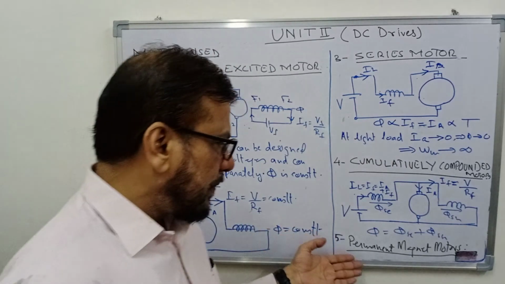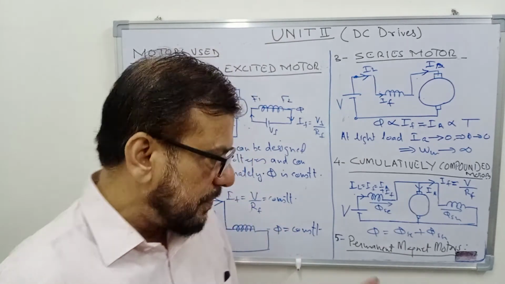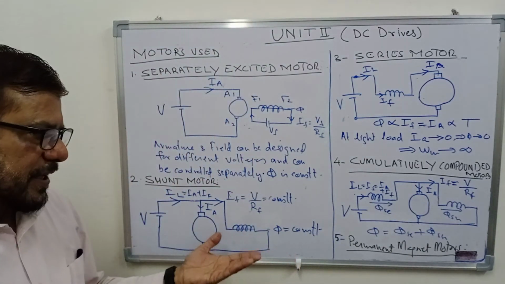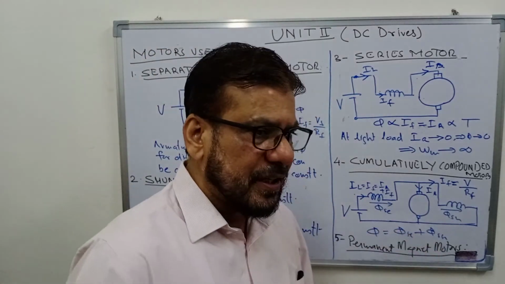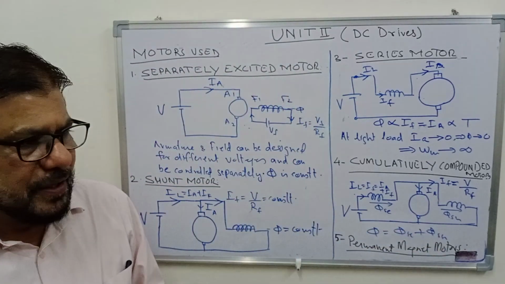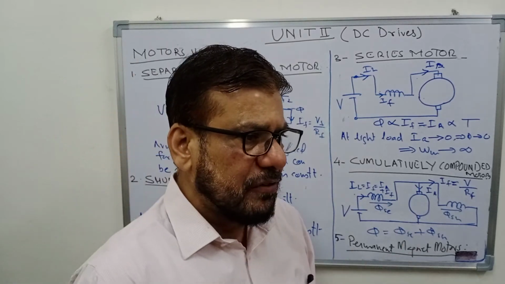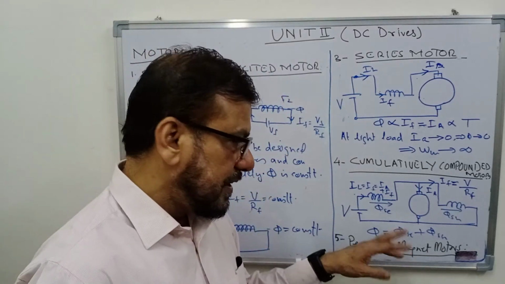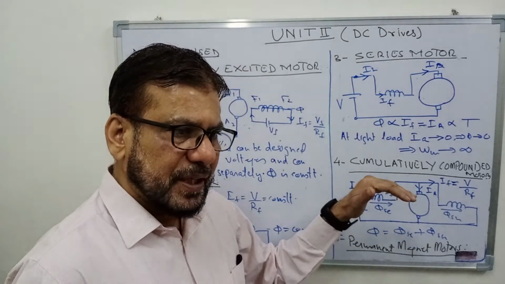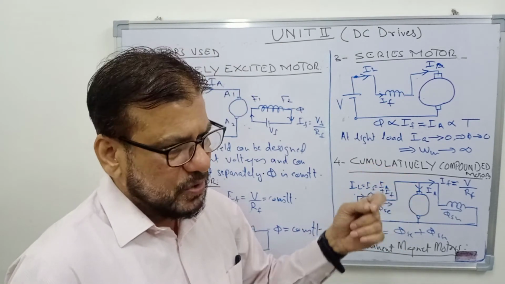Now the fifth type of motor, which is sometimes used, is the permanent magnet DC motor. Here, as the name suggests, we have a permanent magnet instead of an electromagnet. That is, the poles are made of ferrite material, ferrite core, and the flux produced by the poles is constant.